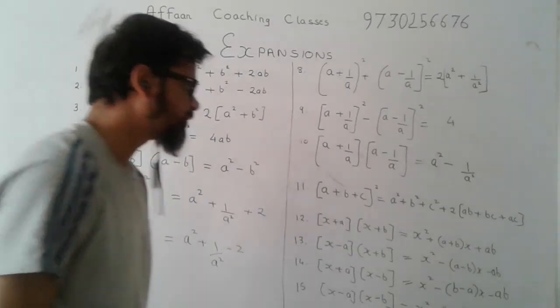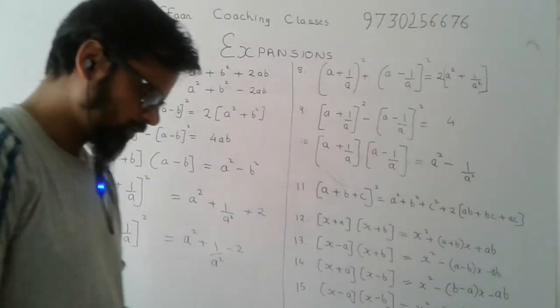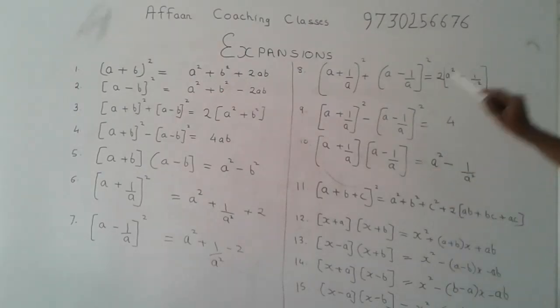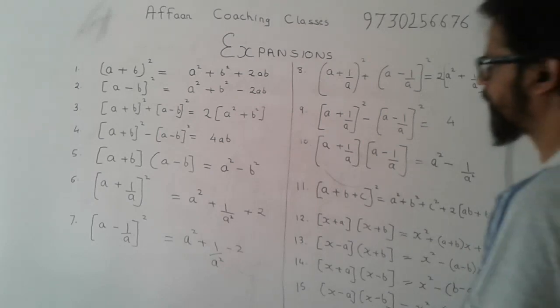These are the formulas. You have to learn them by heart. Whatever sums we are going to do, we are going to solve all the sums based on these formulas. So remember these formulas and let's start solving the sums based on them.